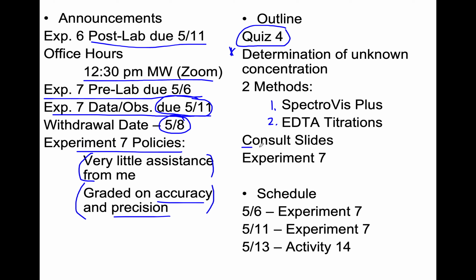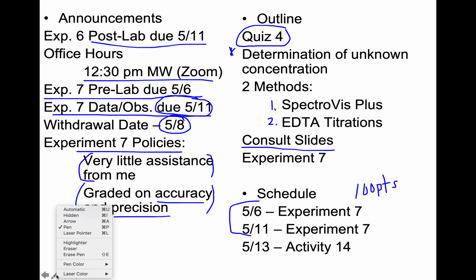So these are slides that we prepare for all CHEM200L classes, so the messages are consistent throughout. This is what you want to refer to for experiment 7 questions. You can see there's 2 days to do experiment 7, and again, remember this is worth 100 points in the class. Okay, so let's get to it then.